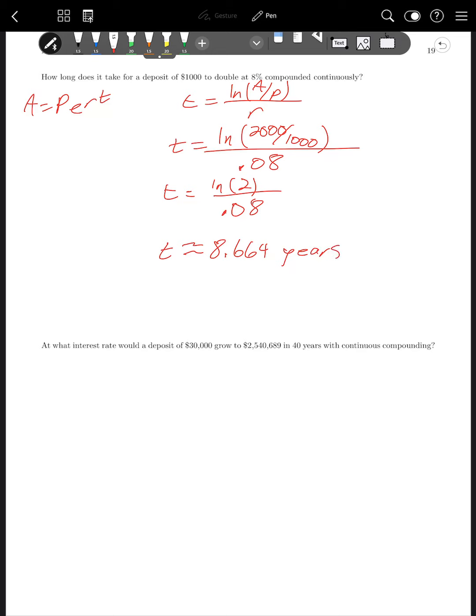And then the last one, we can use the formula we found on the previous page. So the rate equals the natural log of the ending amount over the starting amount, $2,540,689 over $30,000, divided by the time, which is 40 years.